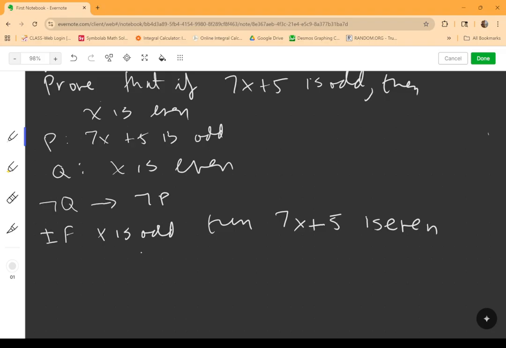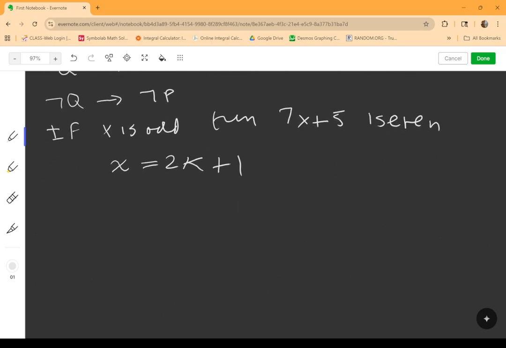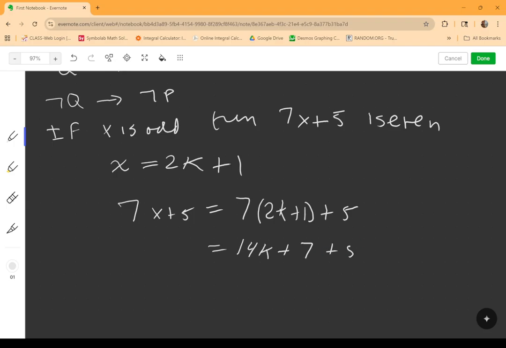Okay, so we'll start by defining: let x be an odd number, so we can call it 2k plus 1. The form of any odd integer can be written like this. So let's look at the statement 7x plus 5 and substitute our assumption. Now distribute, we get 14k plus 7 plus 5, and then doing some algebra, 14k plus 12.